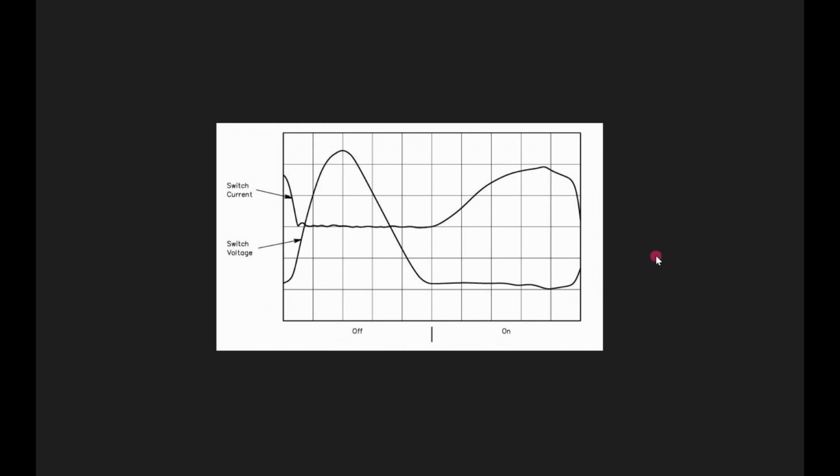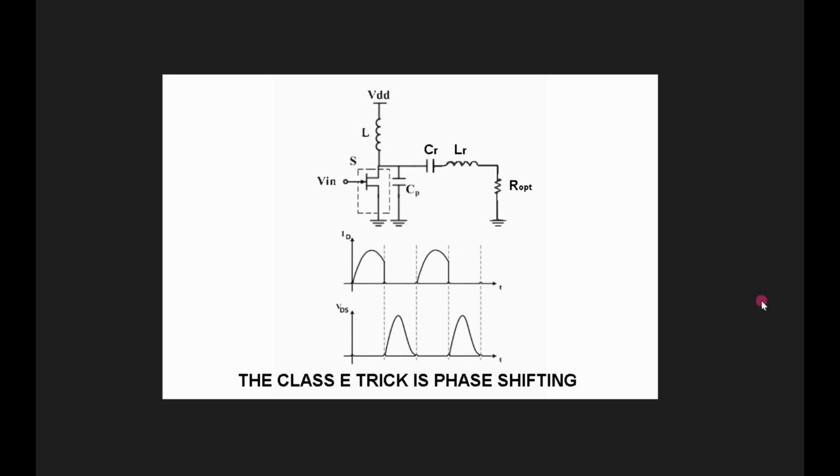This is a realistic waveform where we've separated the switch's current from the switch's voltage. Therefore, there's no place where those waveforms are both conducting at the same time, thus wasting power. And remember, it's the current pulses into the tuned circuit that are causing the power to actually be formed and go out to the load. So anyway, the Class E trick is phase shifting.